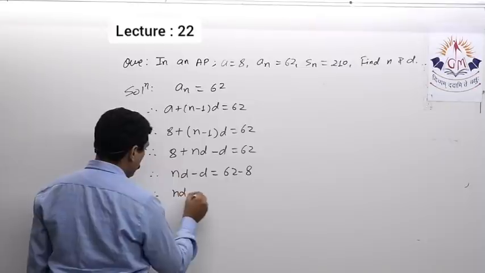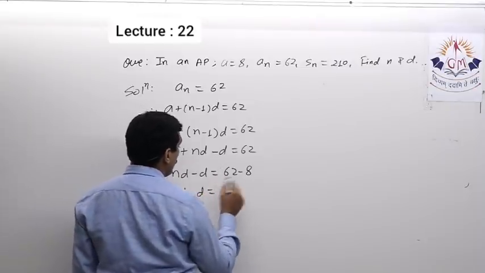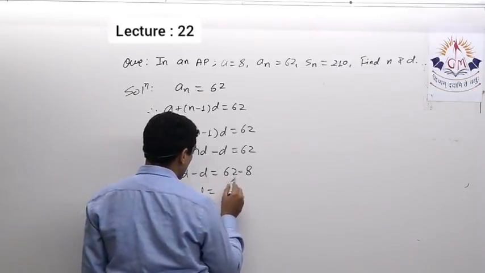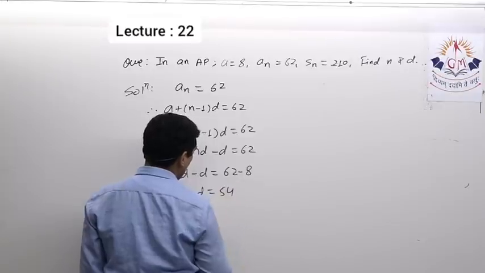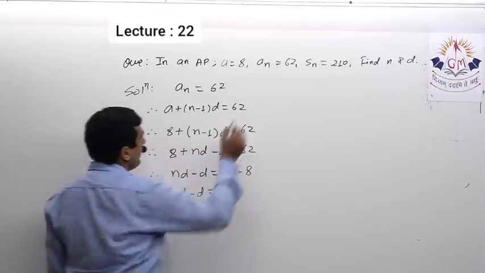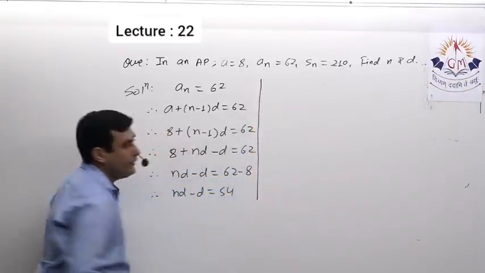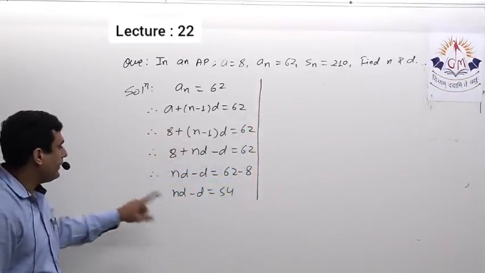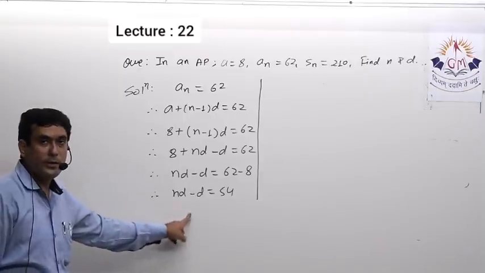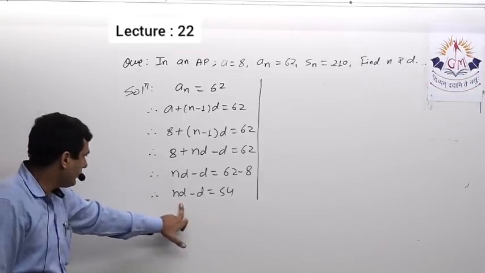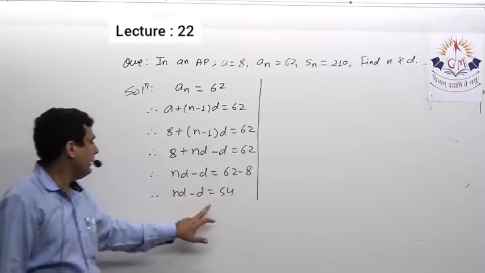Therefore nd minus d is equal to 54. So this is the first relation between n and d. As there are two variables that we have to obtain, definitely we should have two relations between those two variables. So here is the first relation, nd minus d.